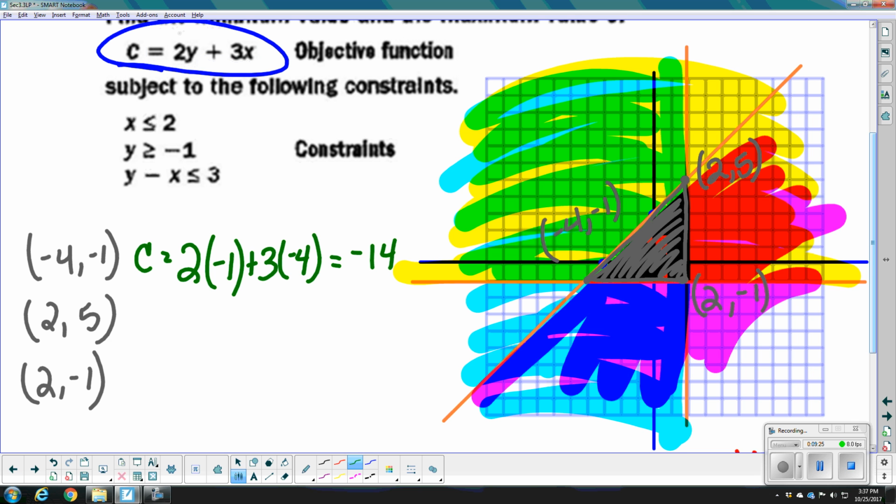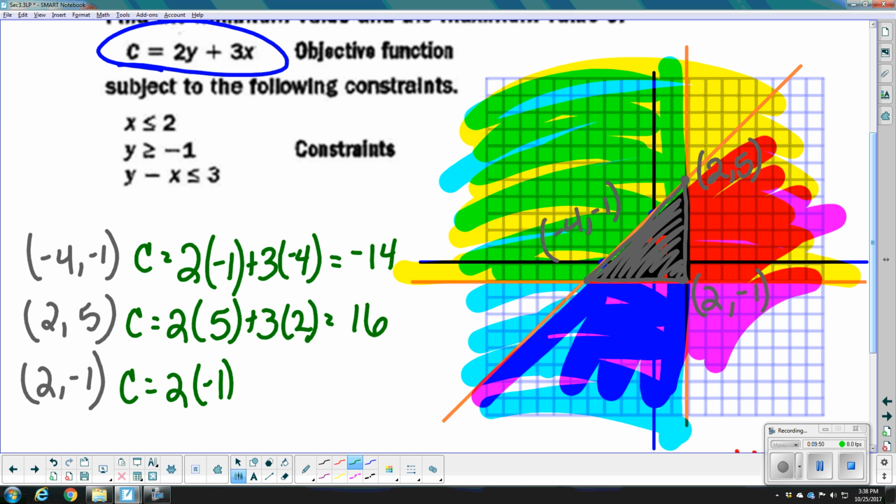Now, I don't know if that's my minimum or my maximum or somewhere in between until I do all 3 vertices. So the next one, C equals 2 times y plus 3 times x. And that equals 10 plus 6, which is 16. And then lastly, C equals 2 times y plus 3 times x, which is 4.